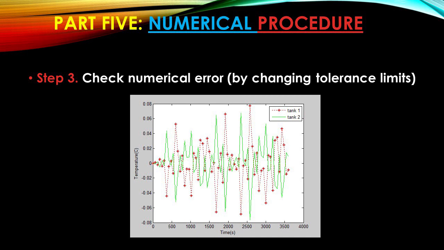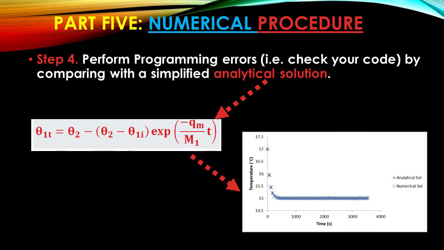Is that significant? No. So what we conclude is that the numerical solution is perfectly acceptable. We call this estimation of the model. Yes, it's an estimation, but it's off by about 0.08, which is perfectly acceptable.